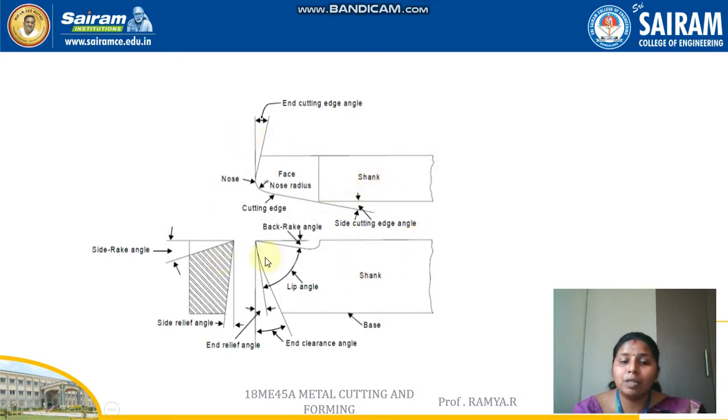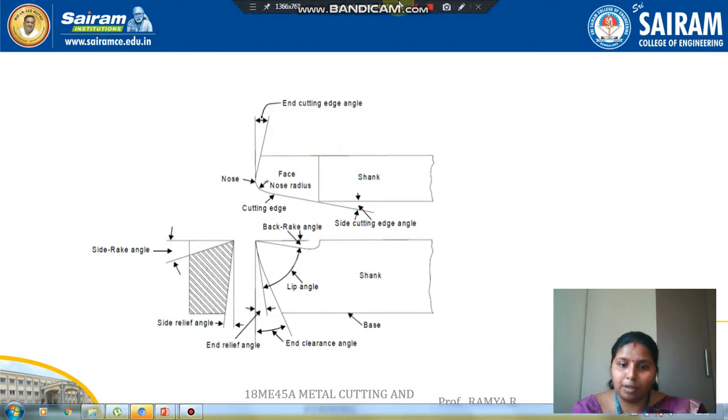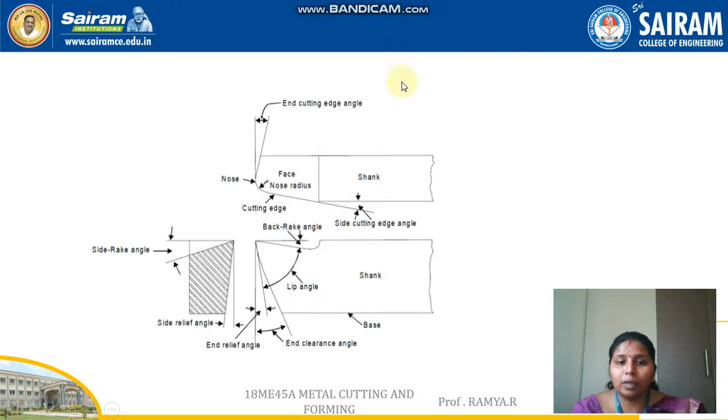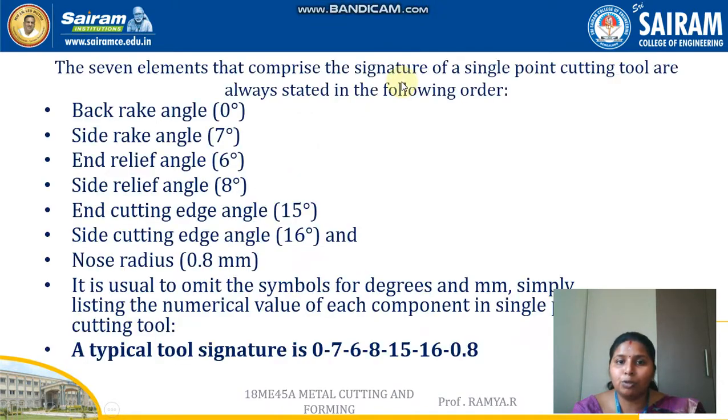These three diagrams represent three views. This diagram shows the front view of a single point cutting tool, this shows the side view, and this shows the top view. Now let's look deeper into tool geometry.